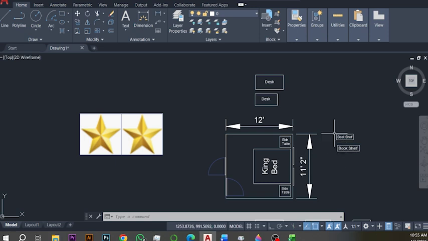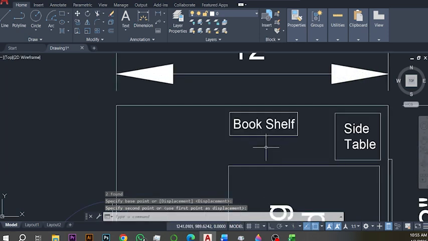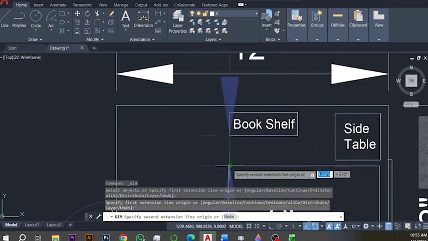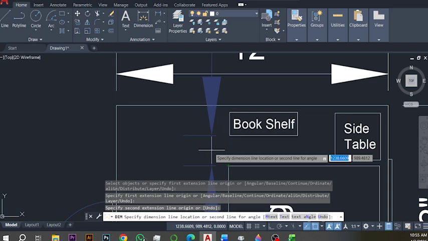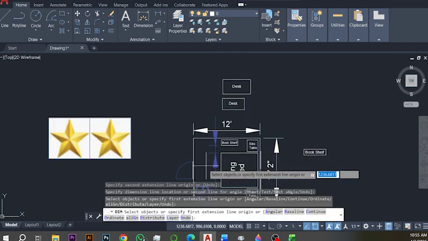Maybe a bookshelf, I can place a bookshelf. However, when I get out of the bed, there will be a little bit of limitation on space. And so if we look at the dimensions between the bookshelf and the bed, we can tell what the situation is.